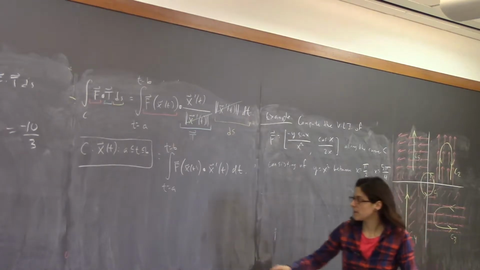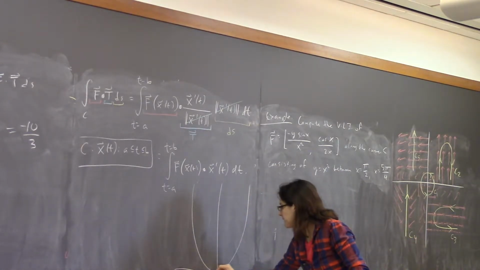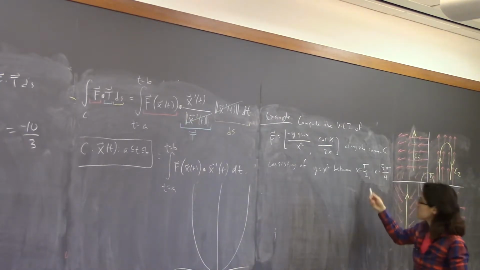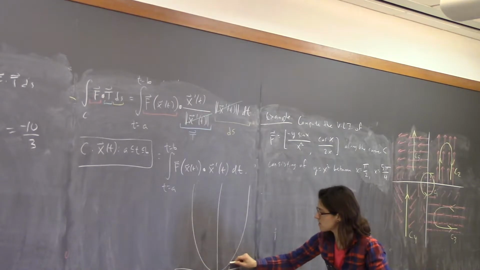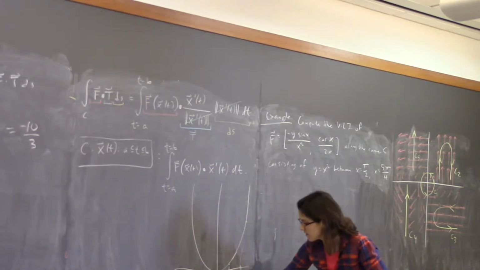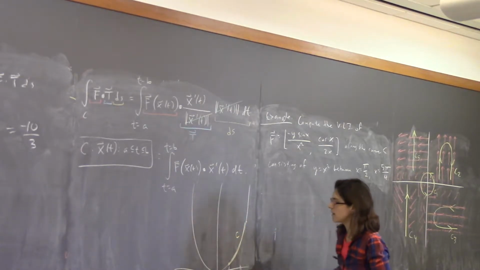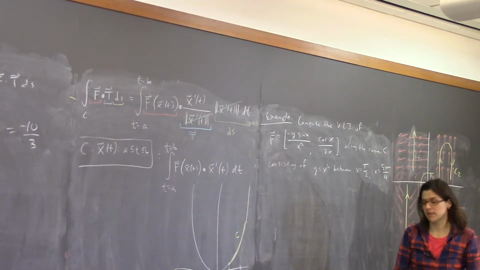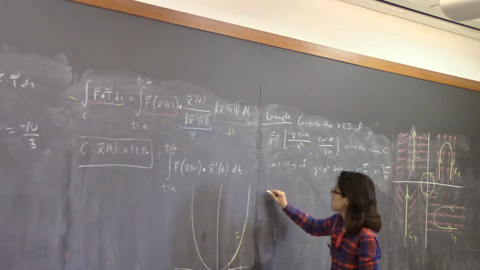So we have some parabola. I'll draw it over here. Y equals x squared. And pi over 2 is around 1 something, and 5 pi over 4 is something else. Okay, so our curve consists of this part of the parabola. That's what we want to integrate over.